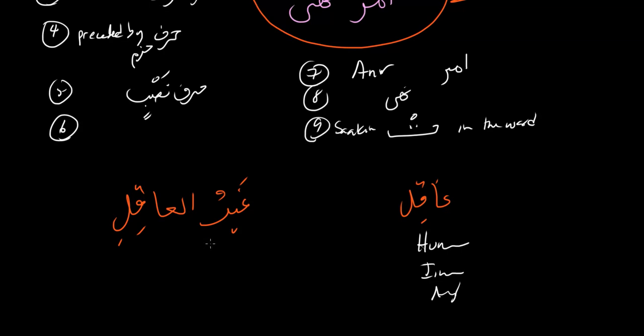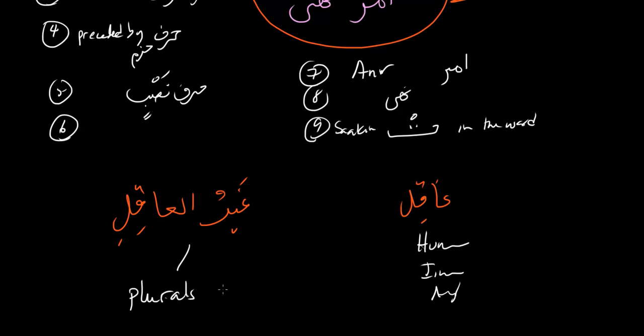Now the ghair aqil in plurals. So words that are describing ghair aqil plurals. For example, idols, that's a ghair aqil plural. Books, ghair aqil plural. Planets, ghair aqil plurals.